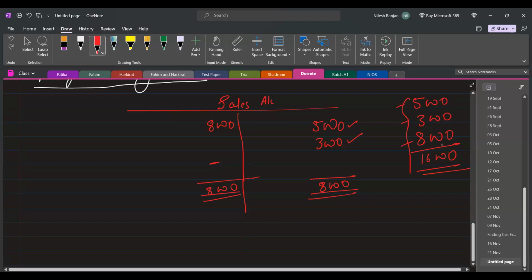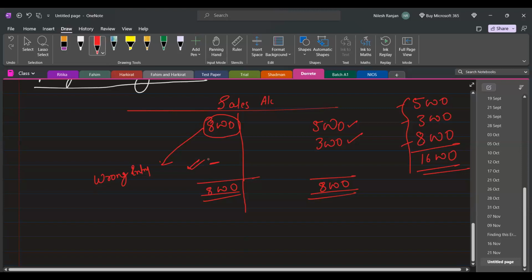This is a wrong entry, this is our mistake. In the sales account, every sale is written on the credit side. You know this? So this 8,000 should be on the credit side also. We have written it on the debit side. That is incorrect, and that's why our balance is nil, zero.